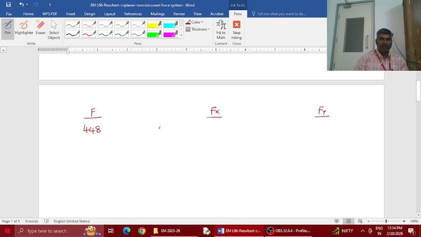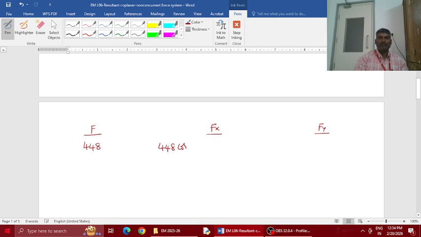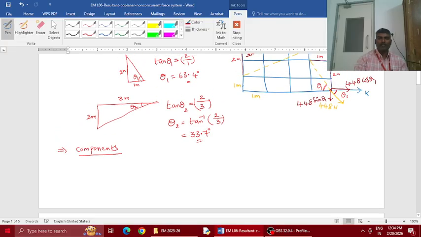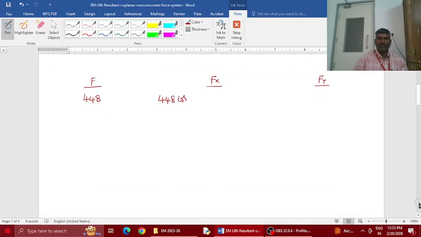Its x component is 448 cos theta 1, where theta 1 is 63.4, and whenever we get theta 2, I'm substituting 33.7. Considering 63.4 degrees, this works out to 200.6.